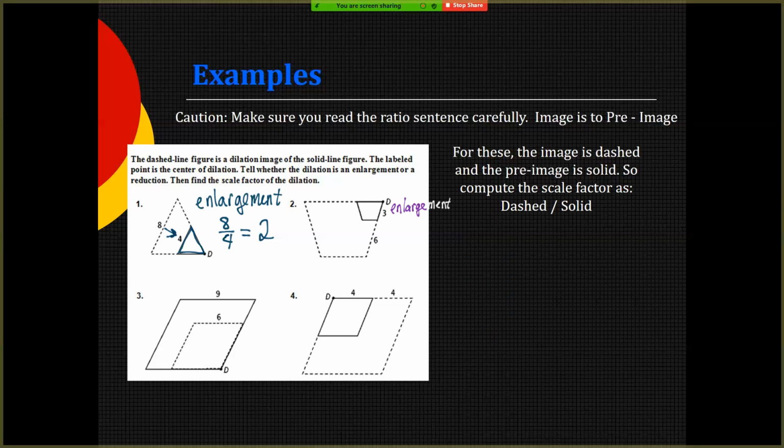And then again, we're taking the length of the dashed side. If this right here is 6 and this right here is 3, the enlarged side has a length of 3 plus 6, or 9. And the solid side just has a length of 3, and then 9 divided by 3 is 3. So here we have an enlargement and the scale factor is 3.